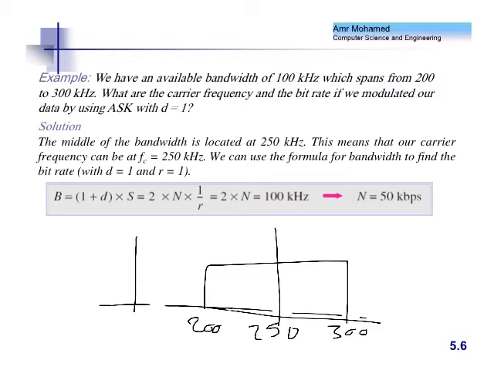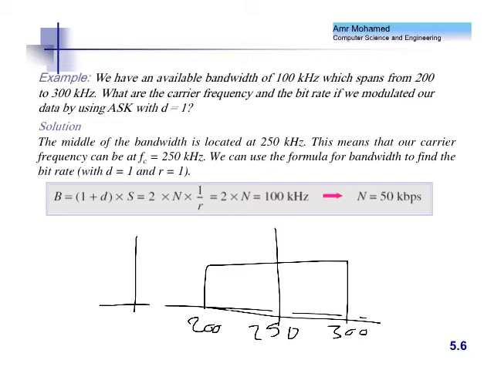Okay? The question here is what's n? Or what is the data rate I can send? What is the actual data rate I can send using the ASK or on-off keying or amplitude shift keying? So what is the carrier frequency, which we have answered, very easy, and what is the bit rate if I were to use ASK?